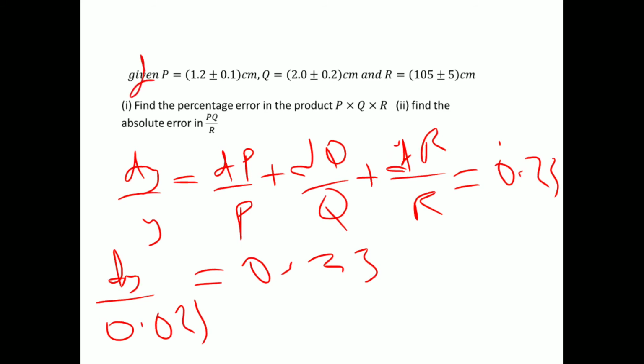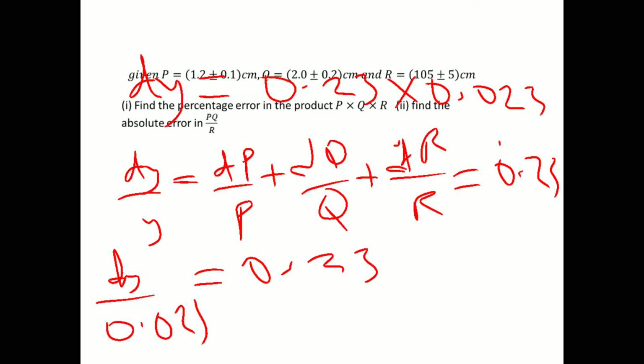So my dy will be equal to 0.23 multiplied by 0.023. We are going to get 5.29 times 10 to the power minus 3 as the absolute error.